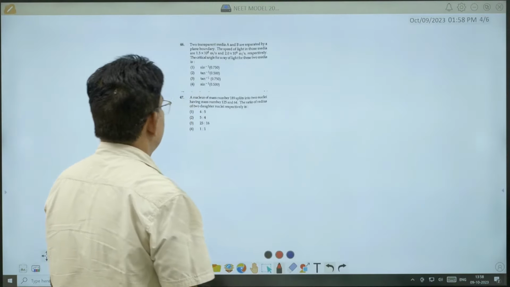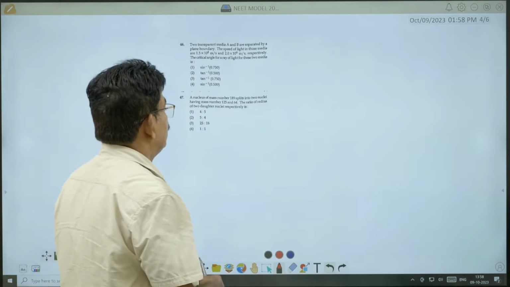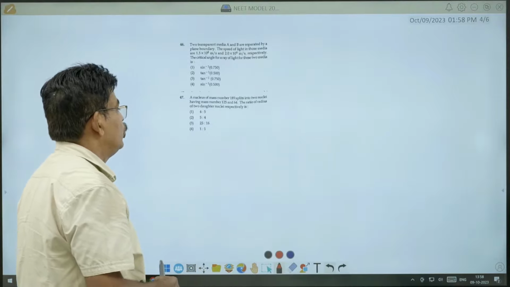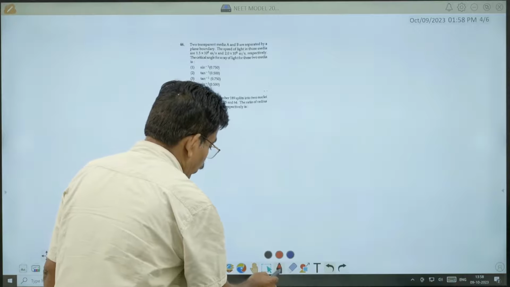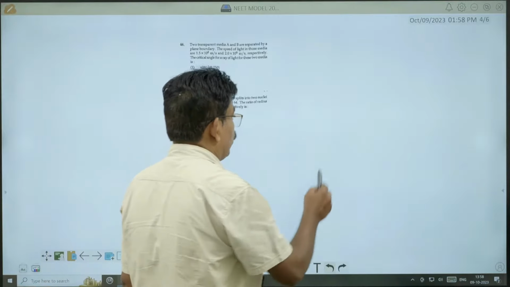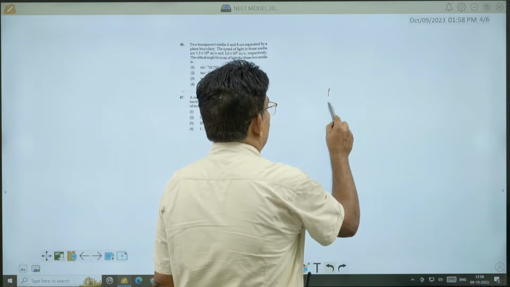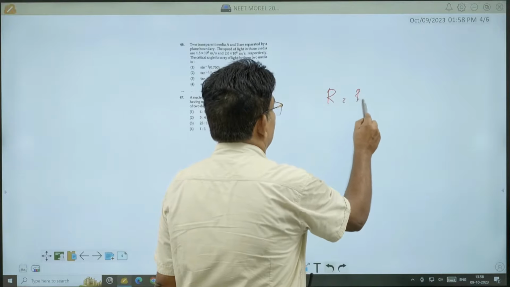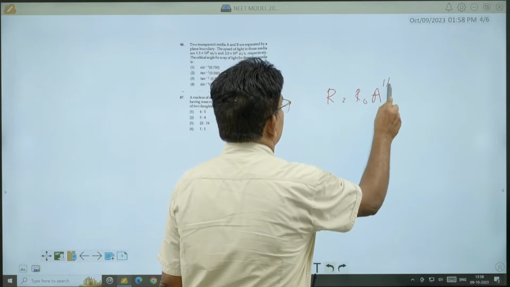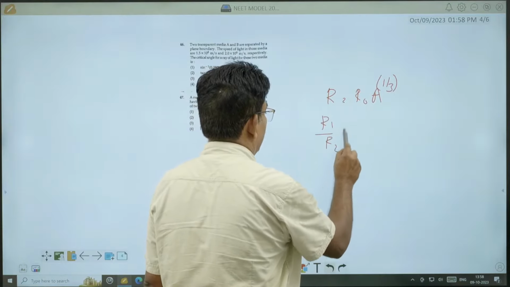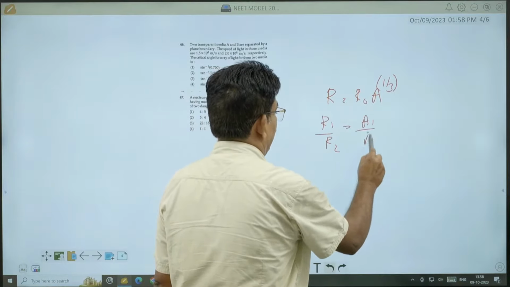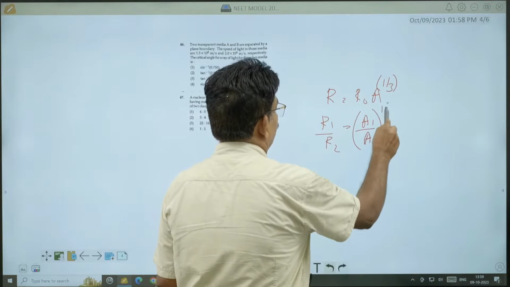Next question, 47. A nucleus of mass number 189 splits into two nuclei having mass number 125 and 64. You know the famous Rutherford's formula: radius of a nucleus is R0 A to the power of 1 by 3. Therefore, R1 by R2 is equal to A1 by A2 whole to the power of 1 by 3.